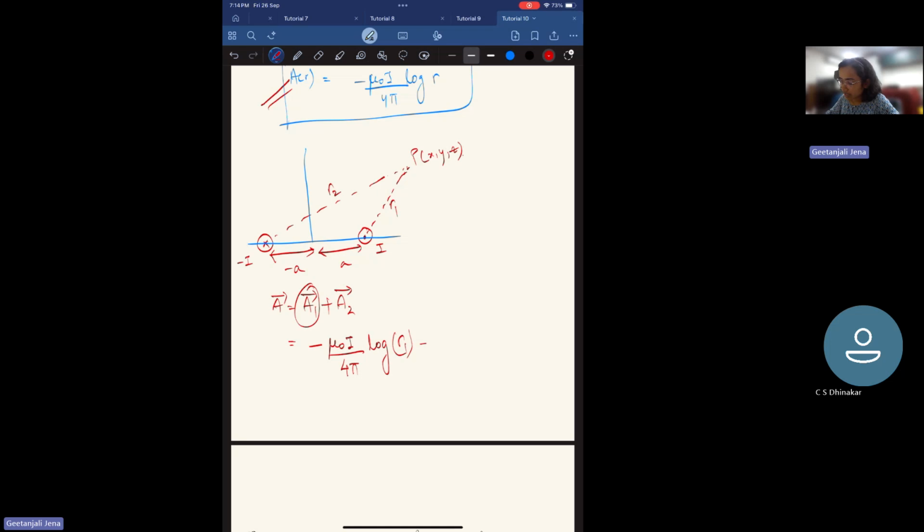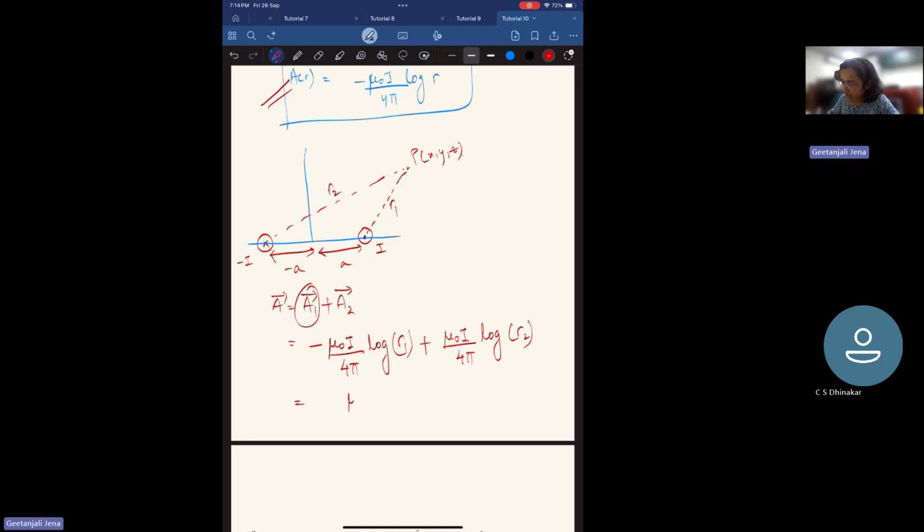And for the second wire, the current is in the negative direction, so minus will become plus mu naught I by 4 pi log R2.